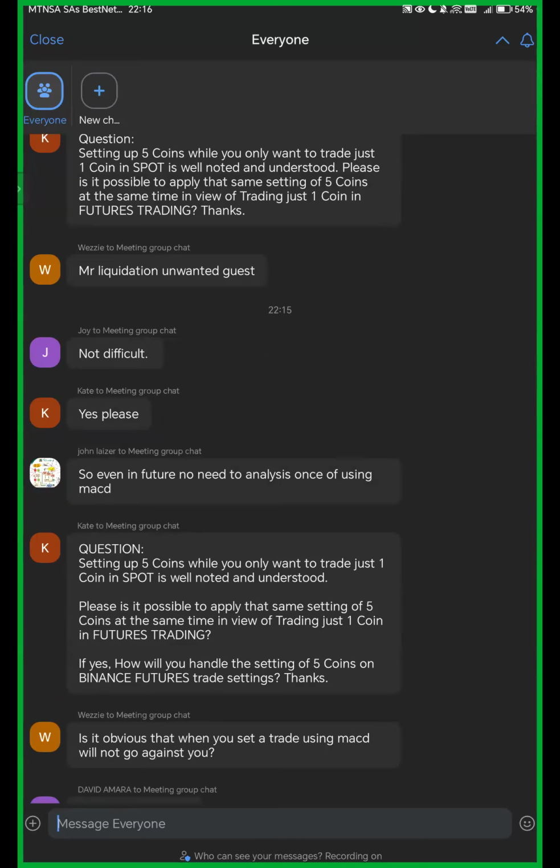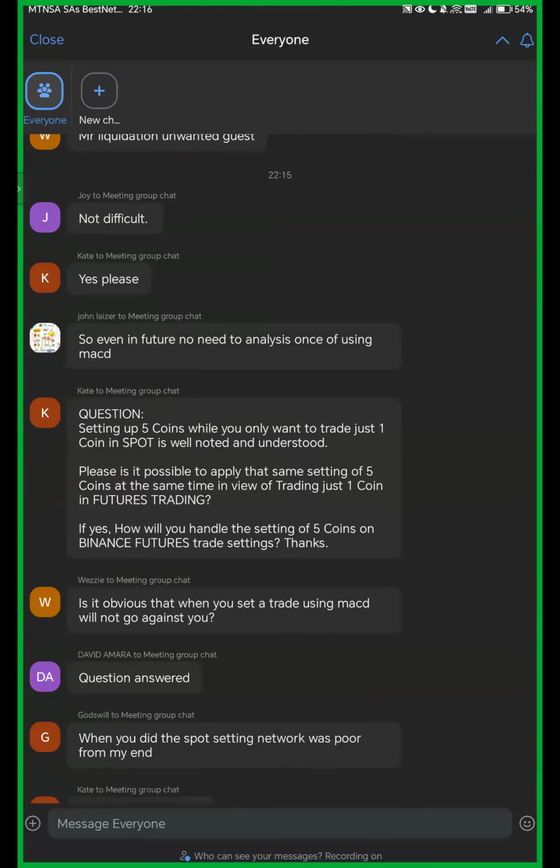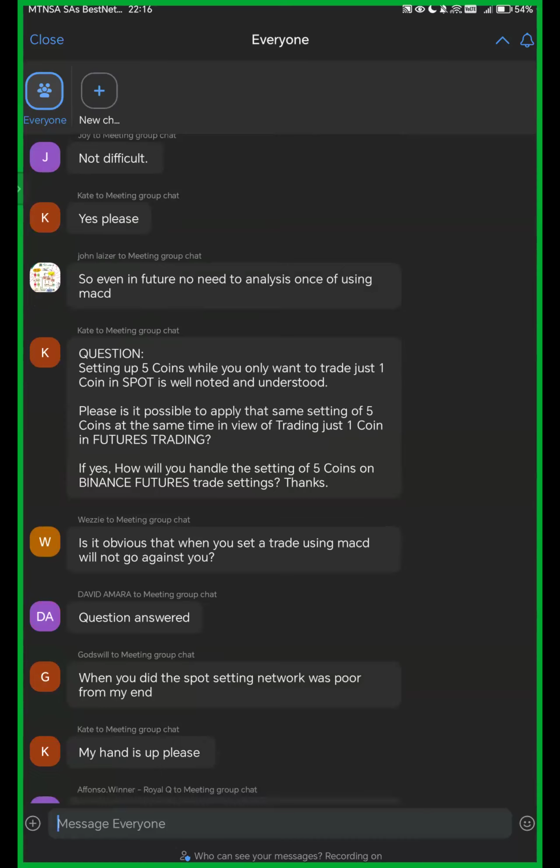We are trading with Royal Q. Our settings are happening in Royal Q. They are not happening in futures in Binance. We are trading with the Royal Q robot. We do not do settings in the Binance exchange. We do settings in the Royal Q robot. What we do in the exchange is managing the capital, managing the wallet.